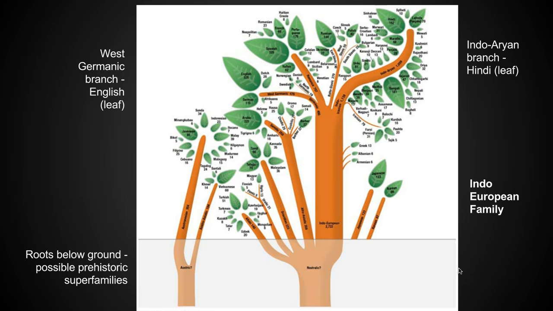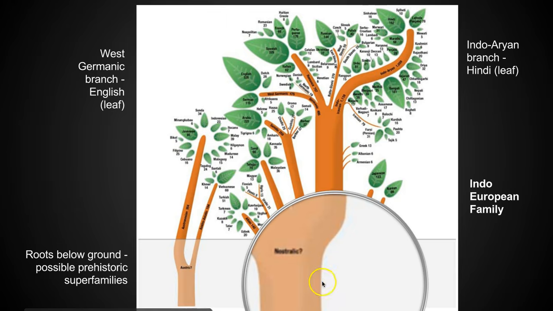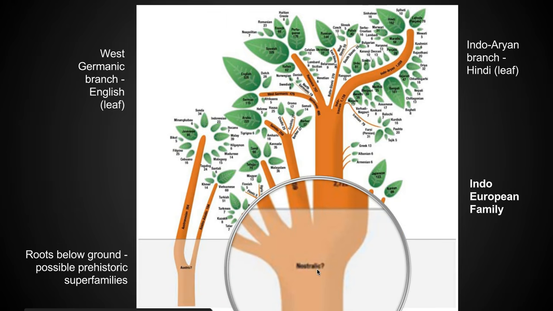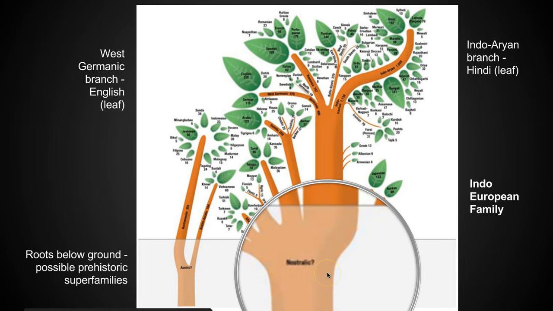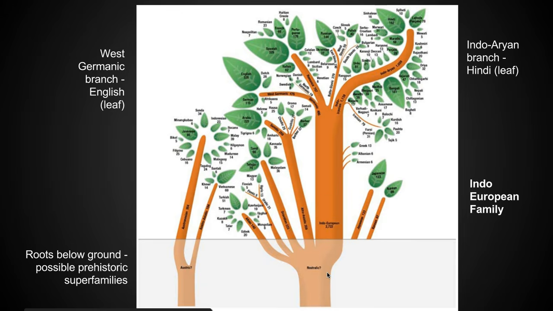We look specifically at our branch, and we're going to look below ground. Let's zoom in here even further so we can get an idea what's going on. I believe it's Nostratic, and so we are starting at the roots prehistorically here, but we get to the Indo-European family, this trunk here, and it branches down into areas that are specific for different languages like German and English.